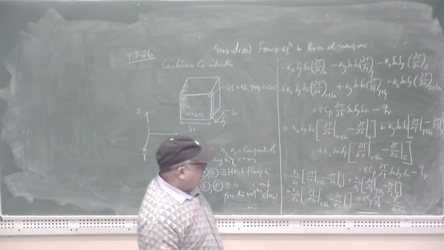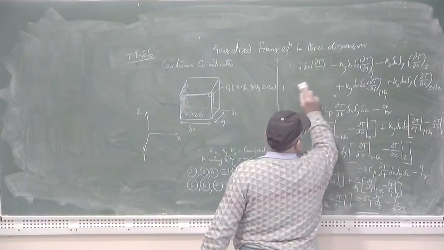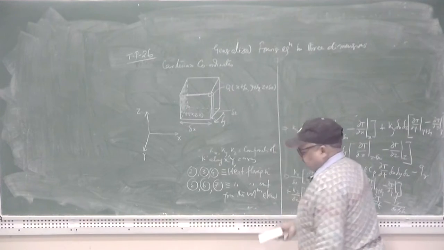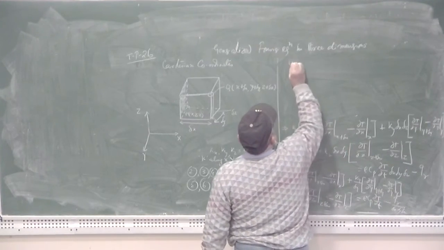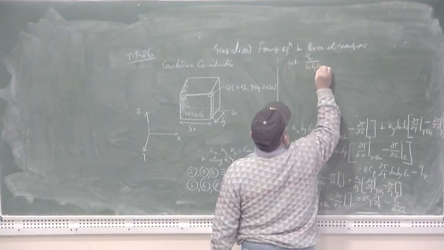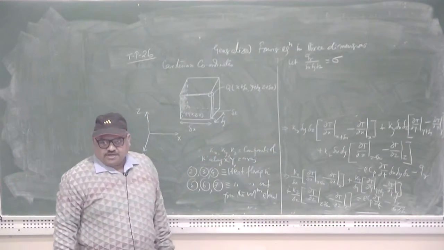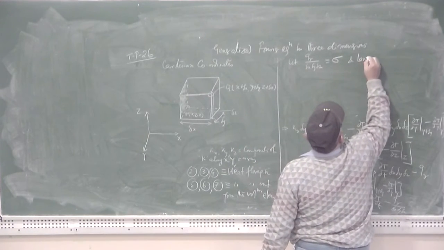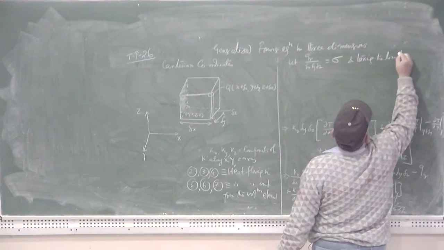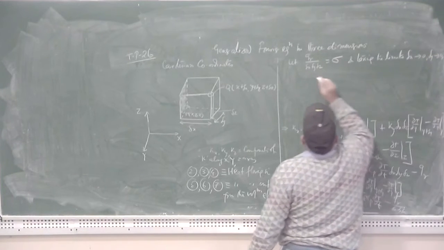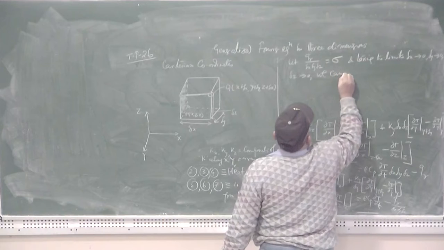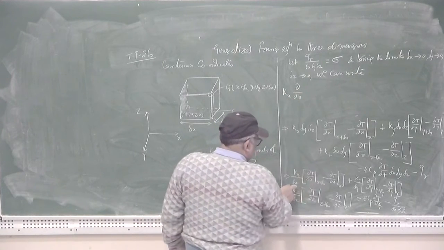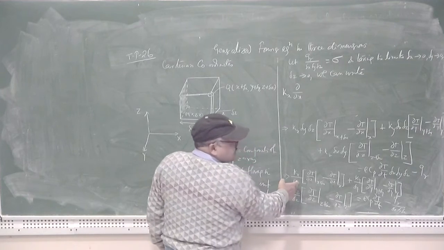Now assuming this quantity QR divided by delta x delta y delta z is equal to sigma, due to the reaction per unit volume, and taking the limits delta x tends to 0, delta y tends to 0, delta z tends to 0, we can write this quantity kx and this quantity, as delta x tends to 0, function of x plus delta x minus function of x divided by delta x, that is equal to the derivative.